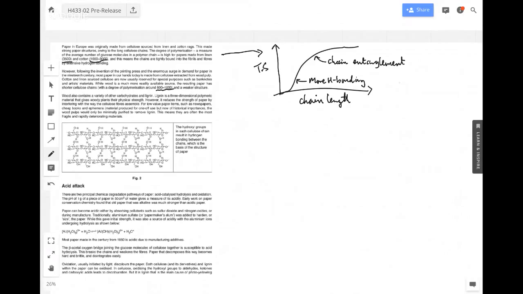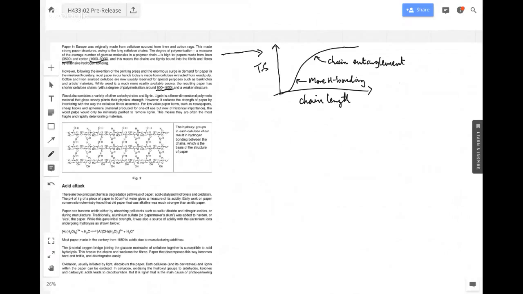It only works up to a certain point, because once you get very long polymer chains, the difference between two polymer chains which are several thousand repeat units long and one that's, say, 10,000 repeat units long is one bond. It's just joined two ends somewhere, and that doesn't make much of a difference to the degree of chain entanglement, which is why this graph flattens out once you get to a certain number of repeat units.